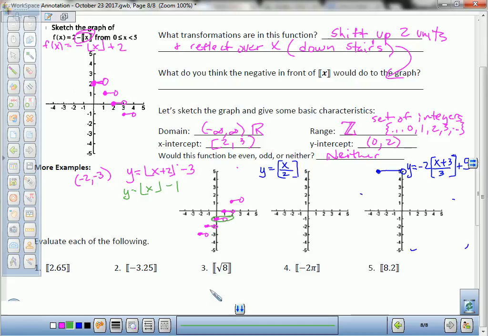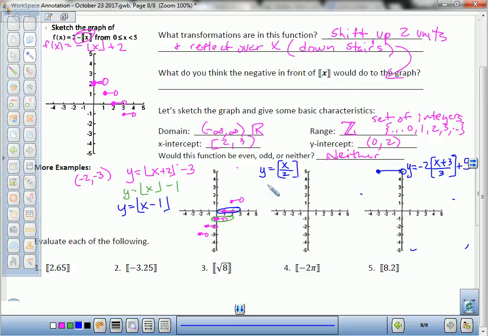Wouldn't that be the exact same graph? What if I said, let's let this one be our first step? Then it would look like this. So depending on which step I decide to start with, I can write an infinite number of equations to represent this exact same graph. That doesn't happen with all functions.